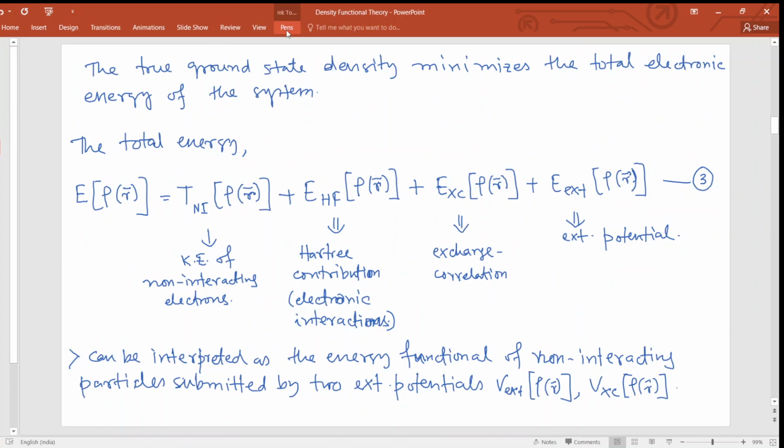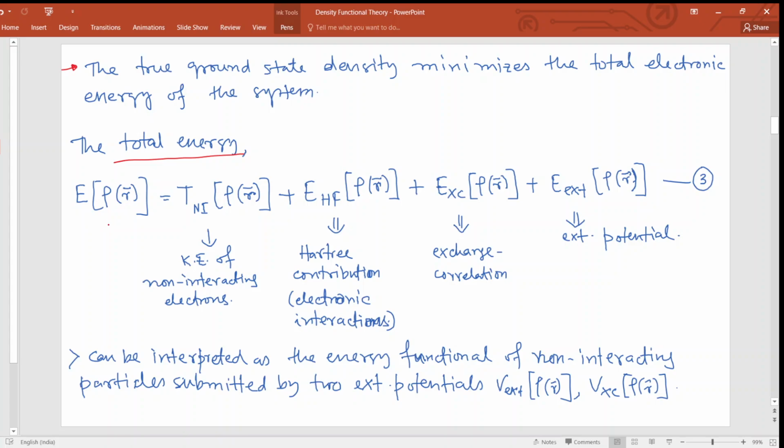So here the true ground state density minimizes the total electronic energy of the system. So that is what we have learned here. Now we can define the total energy, and energy is a functional of rho.